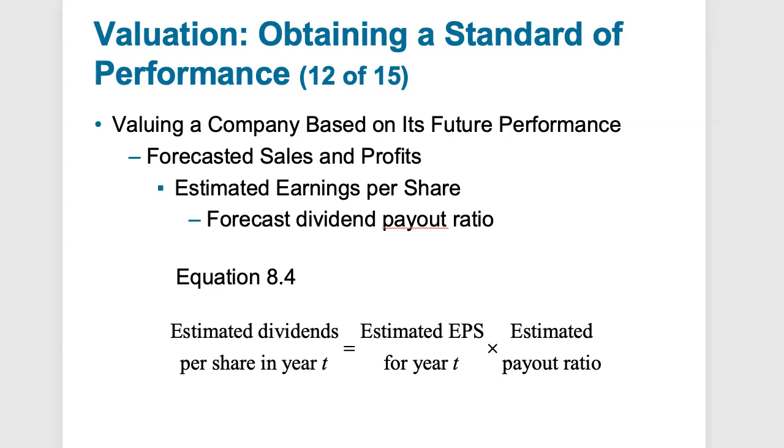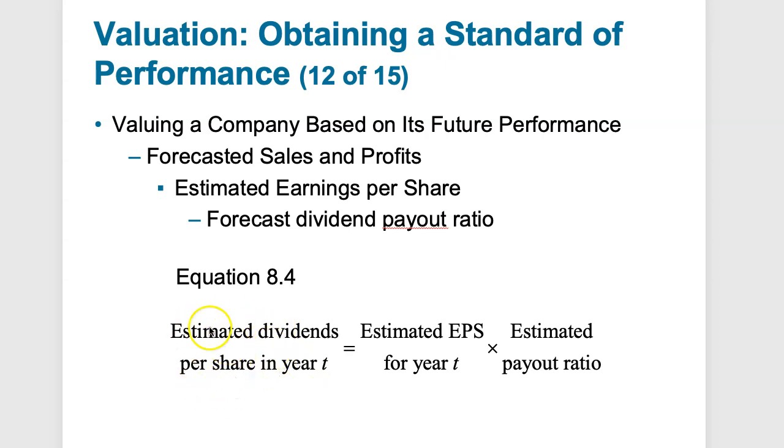Okay, so let's look at how to estimate the dividends per share. If we take our estimated earnings times our estimated payout ratio, which is usually something the company would state, like we're going to maintain a steady payout ratio of 50% of earnings, multiplied by next year's estimated earnings, that will give us our estimated dividends.